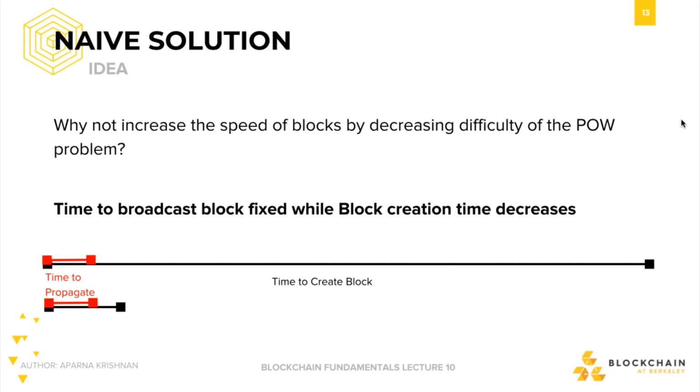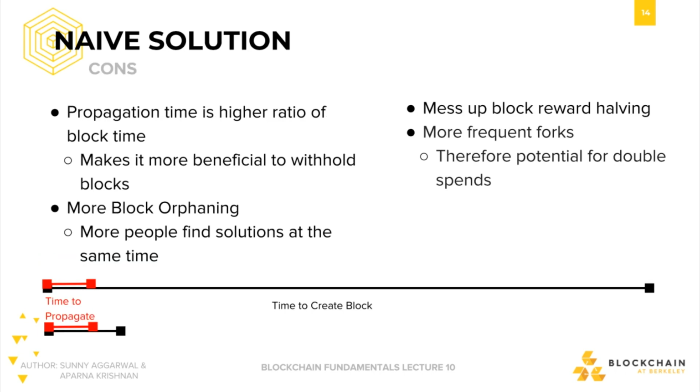Now, why is that a problem? Well, if your block creation time is 10 minutes, then you have 600 seconds, and your time to propagate is 12 seconds, the ratio is not too bad. But if your time to propagate is 12 seconds and your time to create is 14 seconds, that gives us a lot of problems. So for example, it makes it more beneficial to withhold blocks.